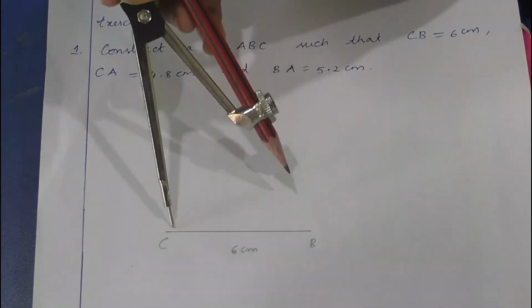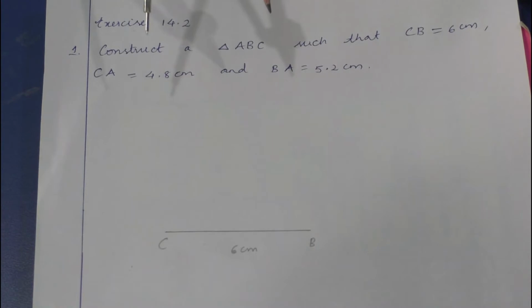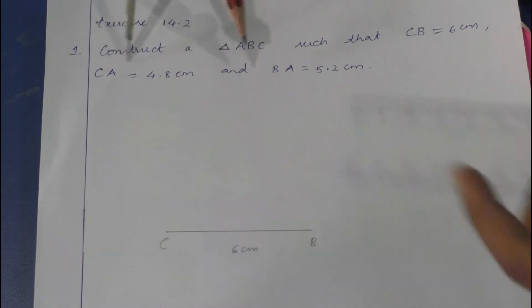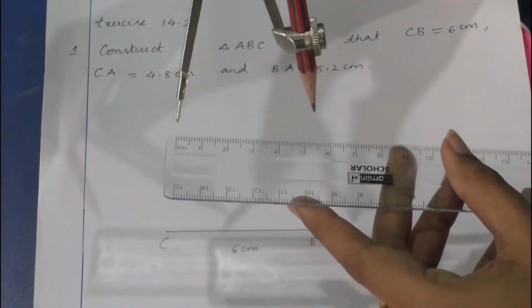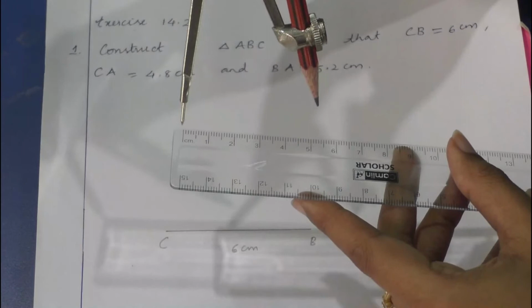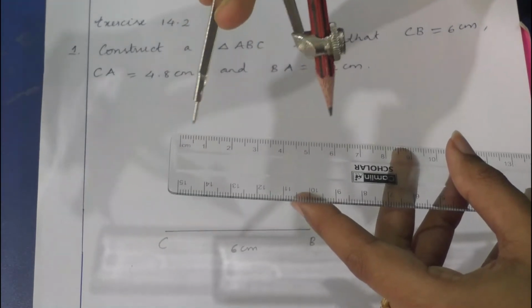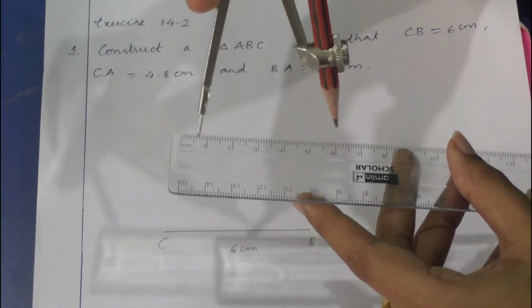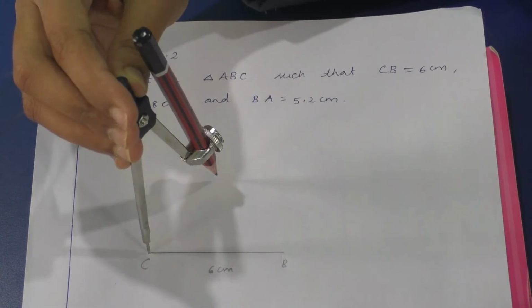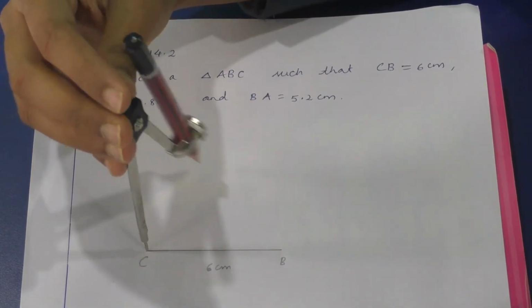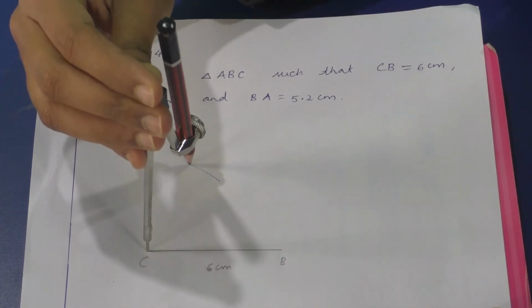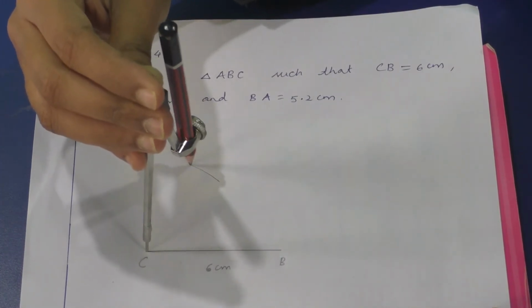So we don't know where A is, but you can measure the length of CA using your compass and scale and make the measurement as 4.8 centimeter. After measuring the length as 4.8 centimeter using your compass, draw an arc. Okay.